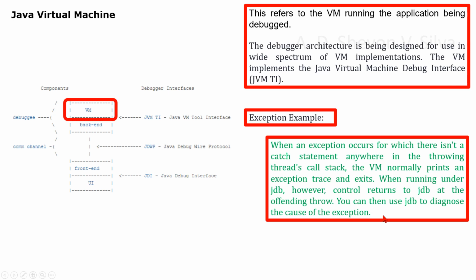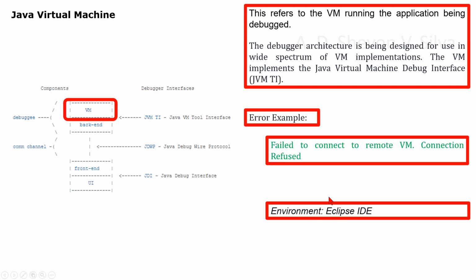You can then use JDB to diagnose the cause of the exception. As an error example, we can consider this: failed to connect to remote VM, connection refused. This occurred in the Eclipse IDE.